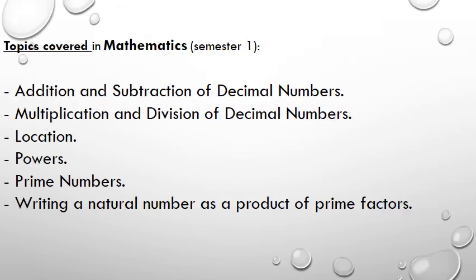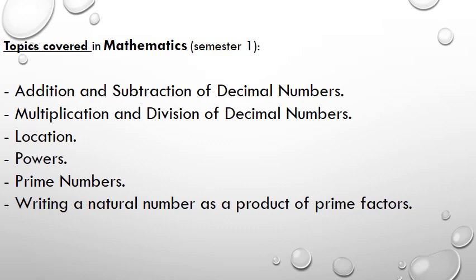The topics covered in mathematics during semester 1 were addition and subtraction of decimal numbers, multiplication and division of decimal numbers, location. We studied the system of axes, the x prime x, the y prime y.